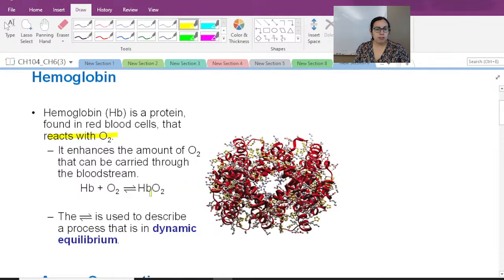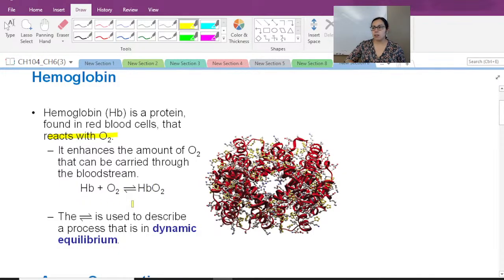In your leg, the concentration of oxygen is probably low because your leg has moved and consumed that oxygen. In that environment, if there are no reactants, it's going to cause our reaction to shift back towards the reactants, so towards the left.